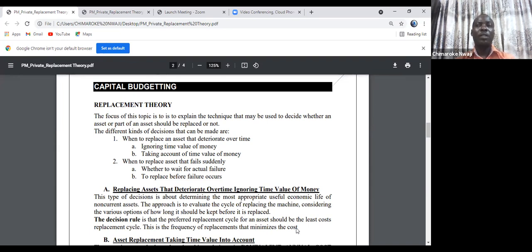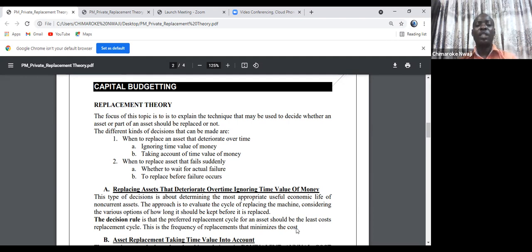Then, when you want to sell the asset after some time, you find out that the price will be lower with each passing year.